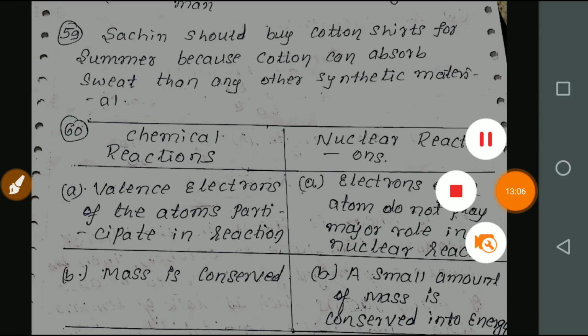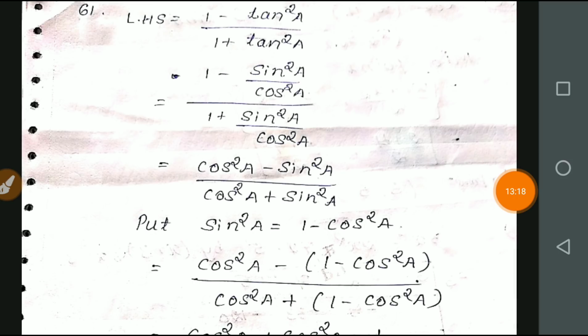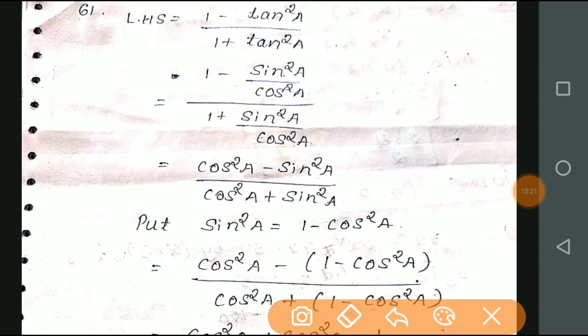Next question. Show that (1 minus tan square A) by (1 plus tan square A) is equal to 2 cos square A minus 1. Dear friend, tan square A can be written as sin square A by cos square A. Therefore, LHS implies (1 minus sin square A by cos square A) divided by (1 plus sin square A by cos square A). Now take the LCM and simplify.